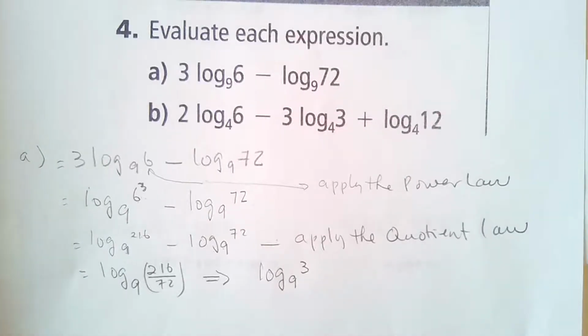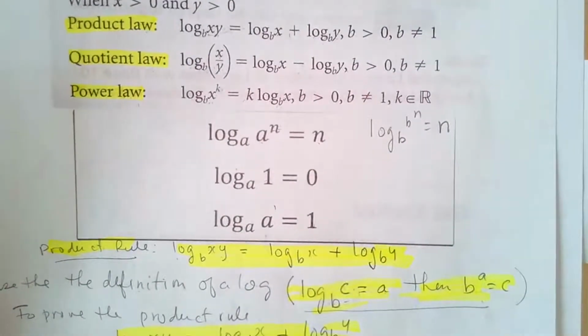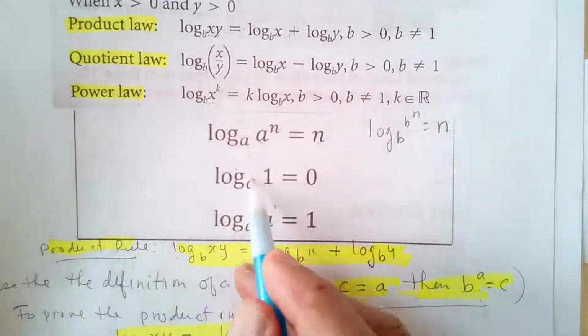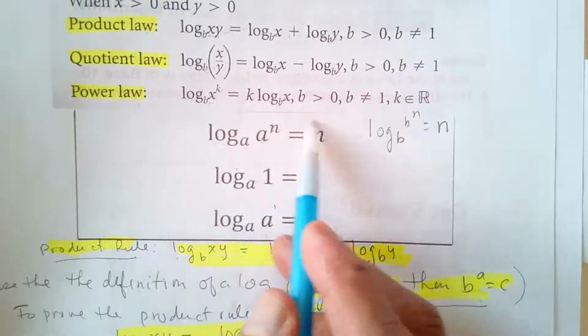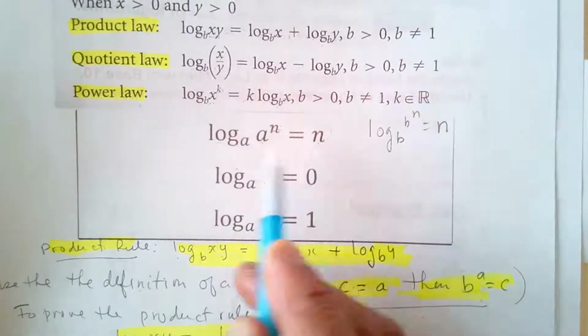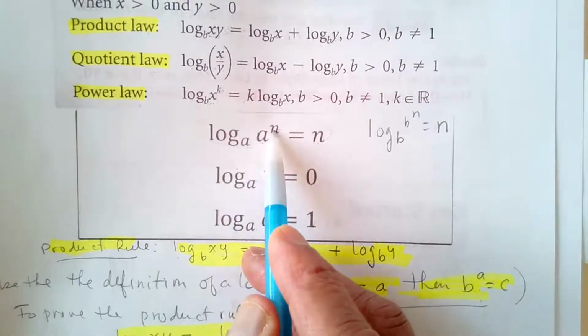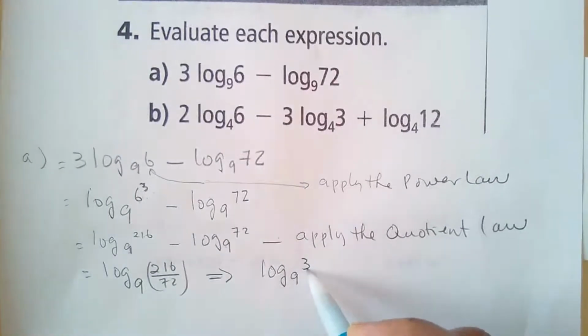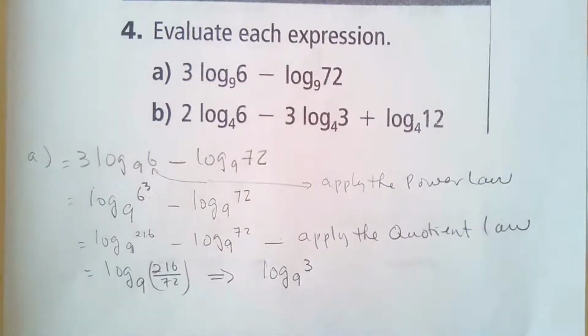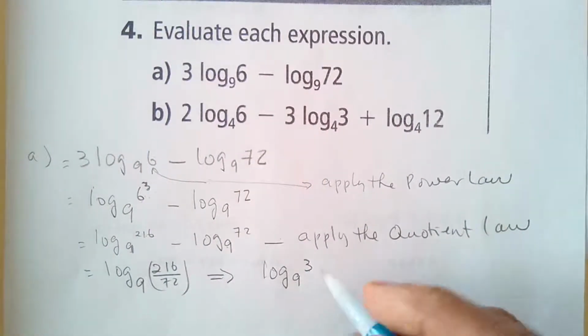Now, we need to find one of these here. This is the one that is most frequent, the one you'll be using here to find a value n. So log a to the a^n equals n. But if you look at here now, this is not a to the a.